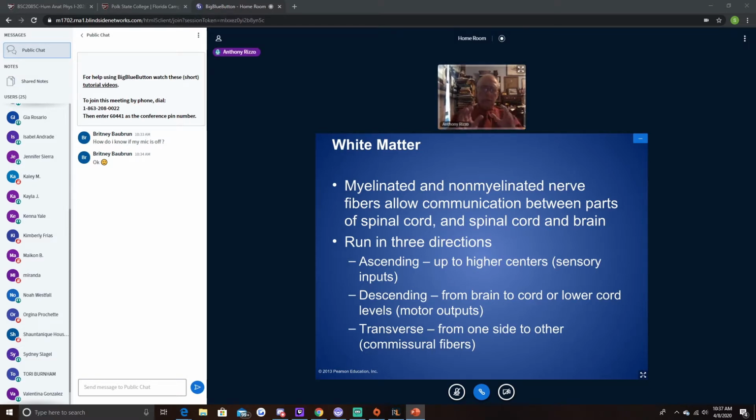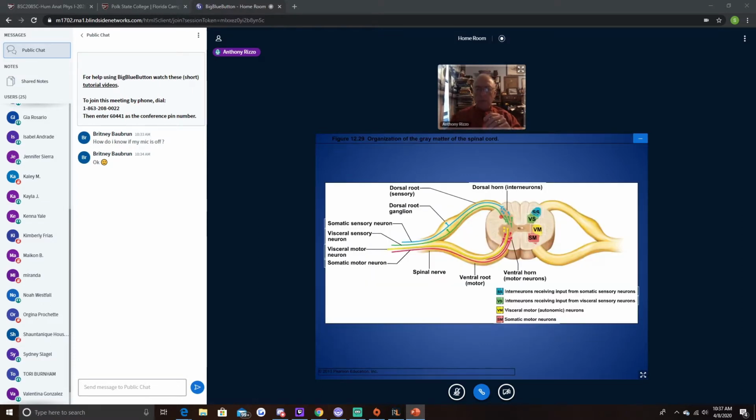Little tiny microscopically short neurons and short processes are non-myelinated, and they are gray matter. So going back one slide, you can see that the outer portion of the cord is white matter. Thus, the outer portion is long myelinated tracts. What's here in the gray matter of the cord? Short, non-myelinated neurons.